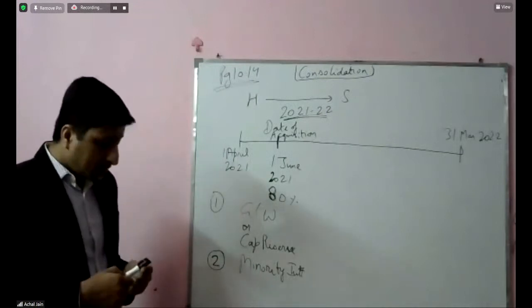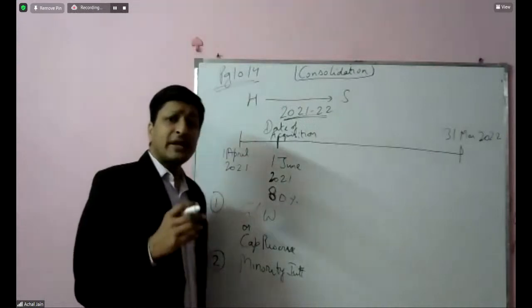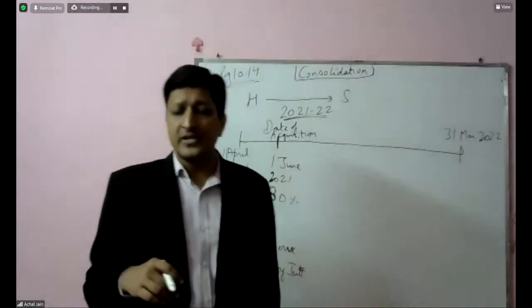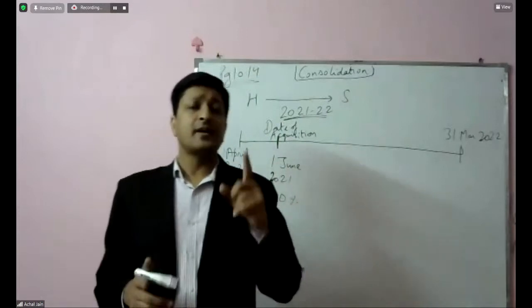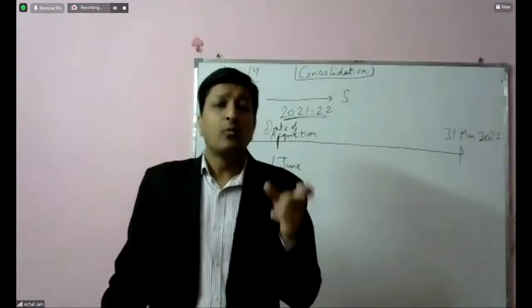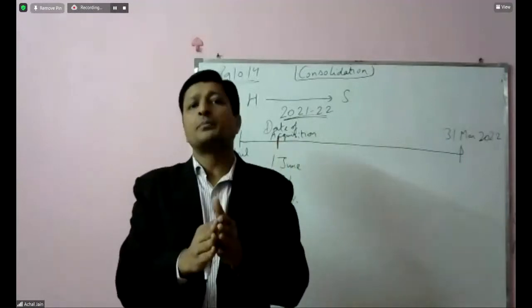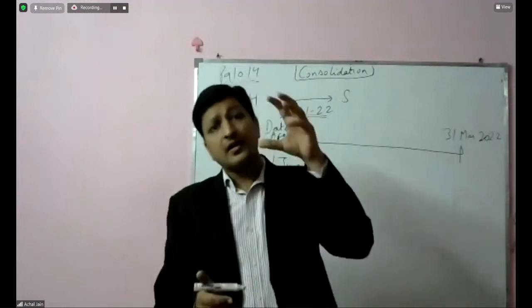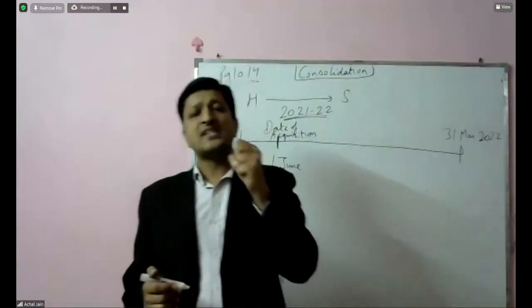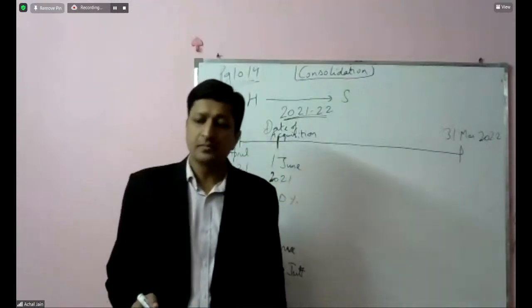Now, please remember that when we are preparing the consolidated financial statements, we are not preparing the financial statements of one company. We are combining two or more companies within the group, as if they are one, and then preparing the consolidated financial statements.